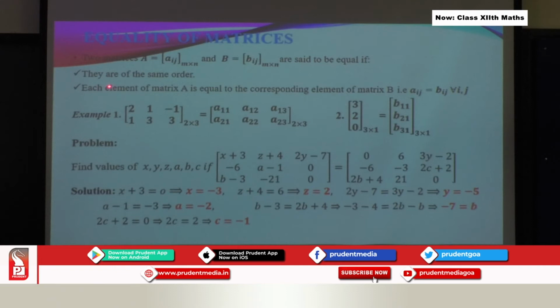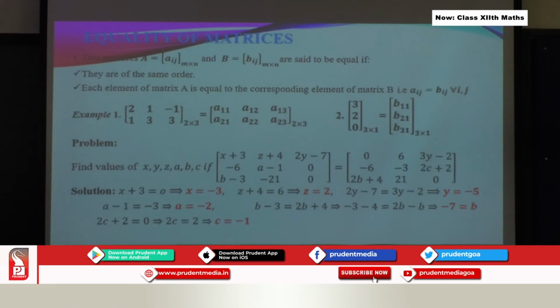So here they are of the same order. Both matrices you consider are supposed to be of the same order. Next, each element of matrix A is equal to the corresponding element of matrix B.